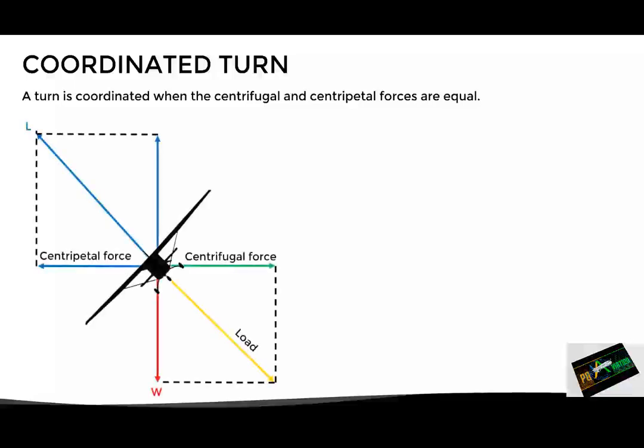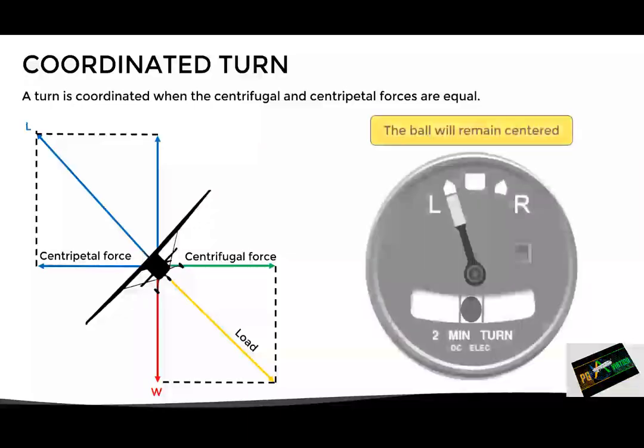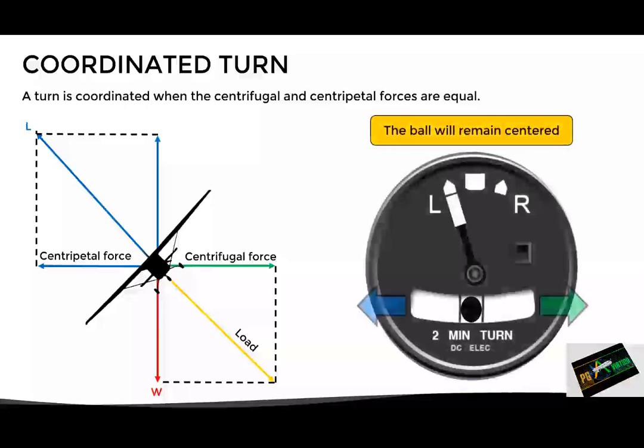The first one is the coordinated turn. We say that a turn is coordinated when the centrifugal and centripetal forces are equal. Here we can see the forces acting on an aircraft during a coordinated turn. And since the centrifugal and centripetal forces are balanced, the ball of the inclinometer will remain centered. The other possible situation is the skidding turn.